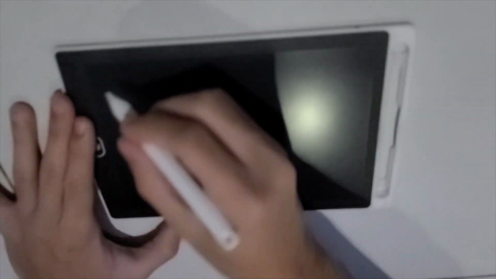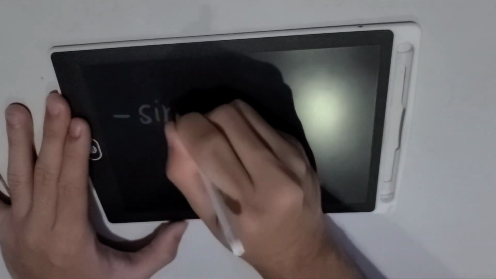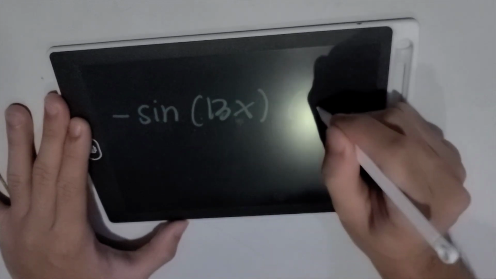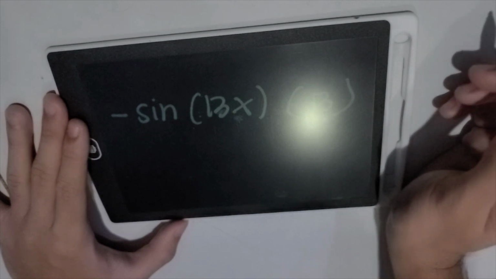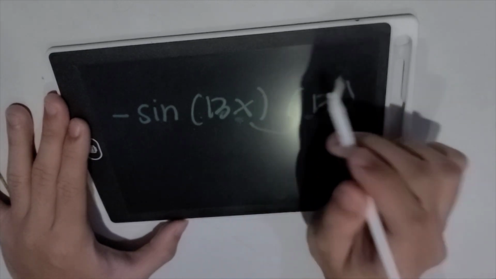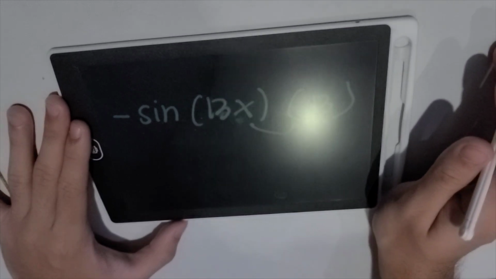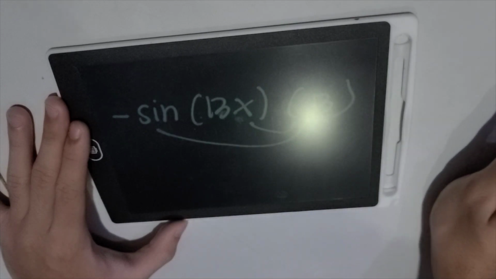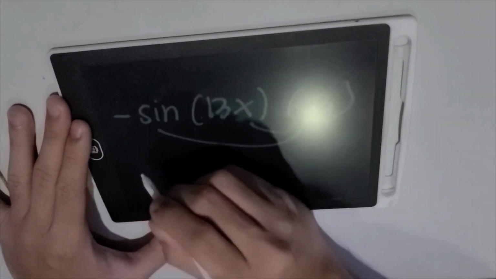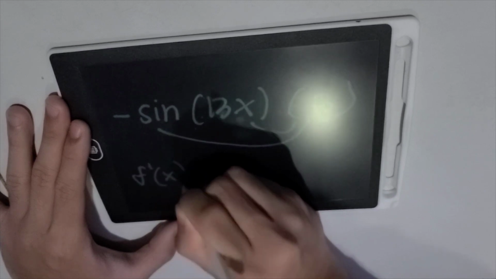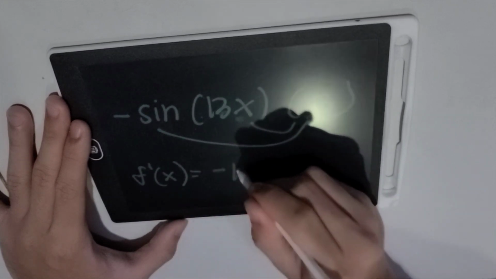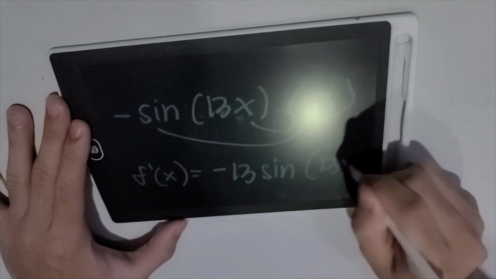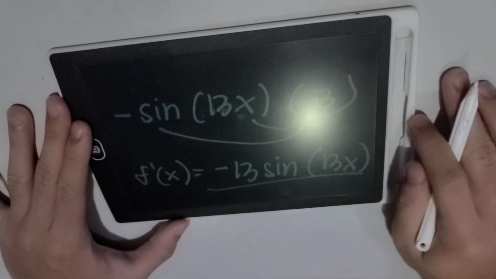Let us now substitute, which is negative sine 13x and our du, which is 13. We cannot combine the both of them because they are unlike terms, so we'll have to combine 13 with sine, in which the final answer is f prime of x is equal to negative 13 sine 13x. This is our final answer.